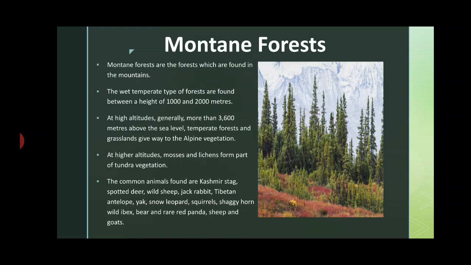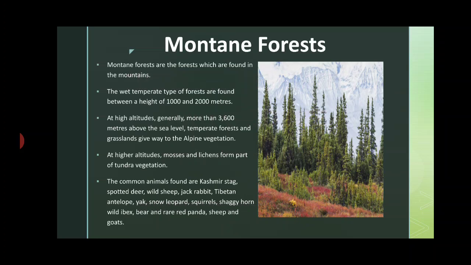The wet temperate type of forest is found between a height of 1000 and 2000 meters. Evergreen broadleaf trees such as oak and chestnut predominate. So basically, montane forests are the forests which are found in the mountains.